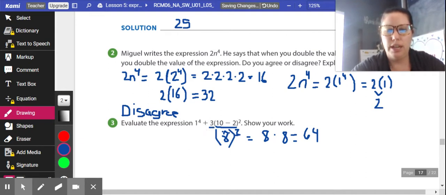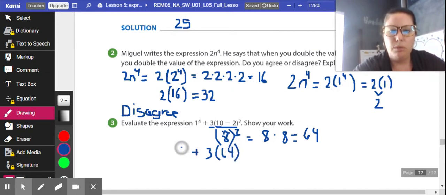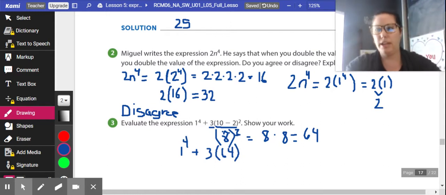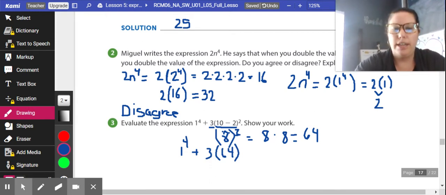Now we're going to do what's on the outside of our parentheses, and that's 3 times. So we're going to do 3 outside the parentheses times 64 inside the parentheses. We still have our 1 to the 4th power and our plus.